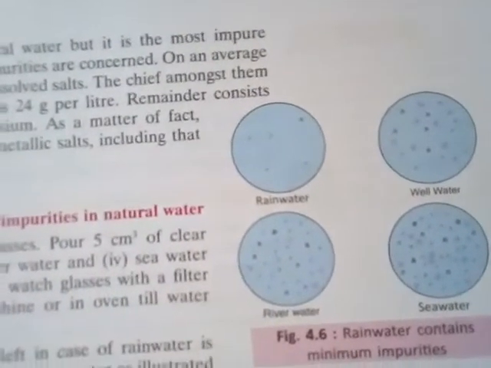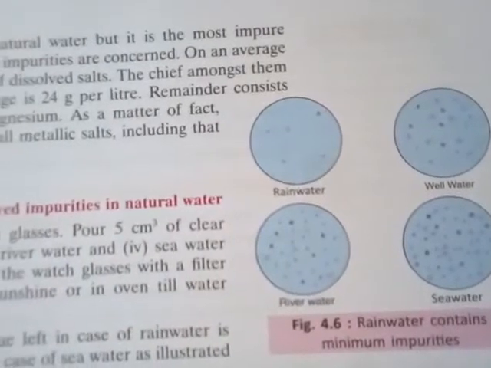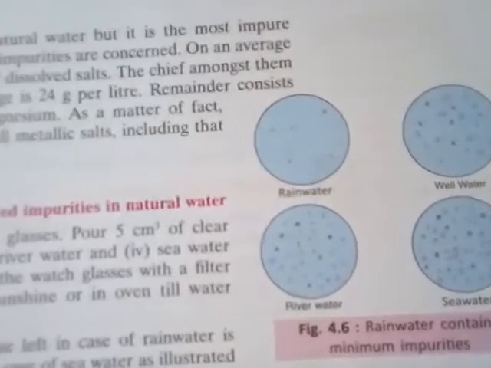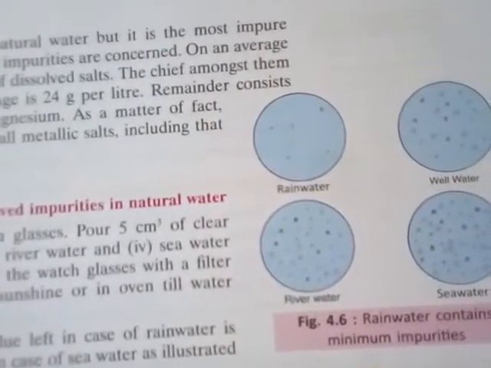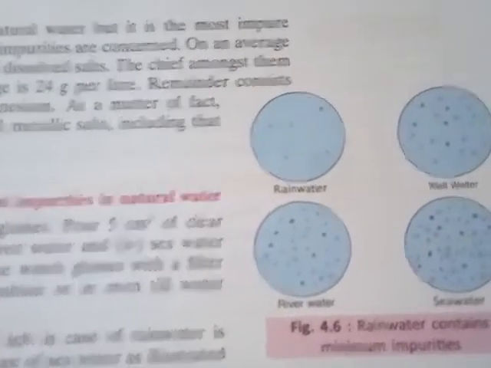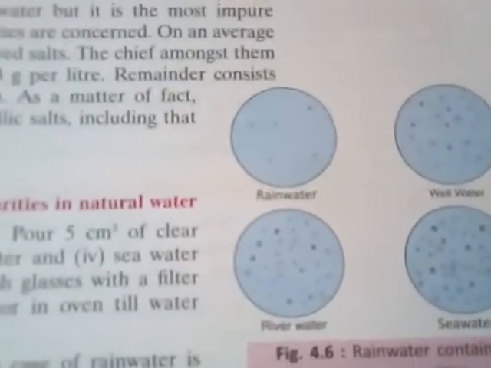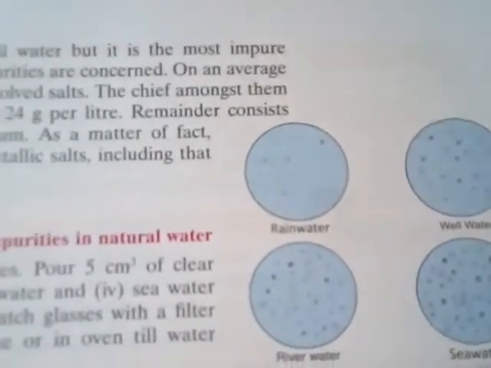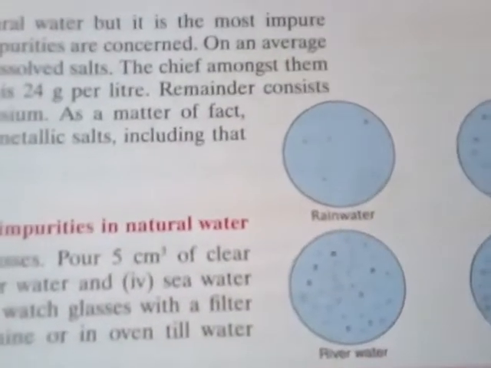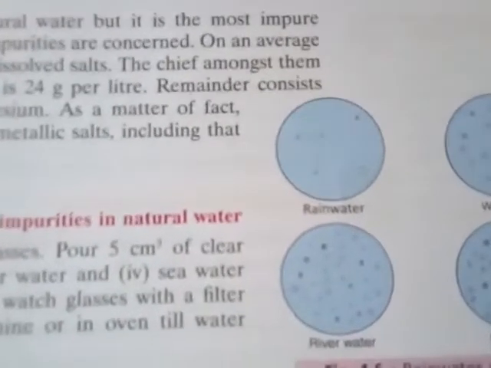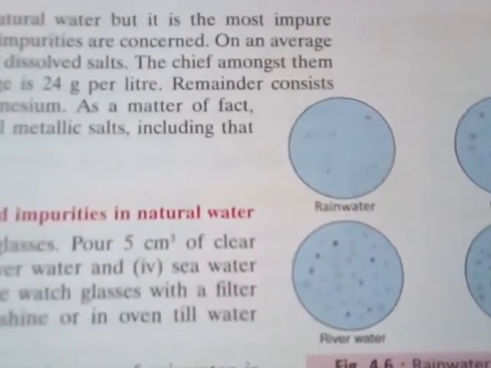After some days, or after one day, or after some hours, you will notice that in case of rainwater there is no or very few particles present in the form of residue.